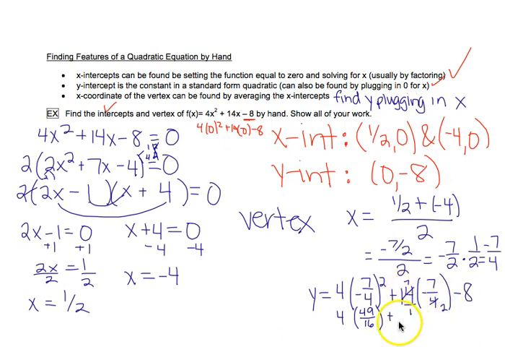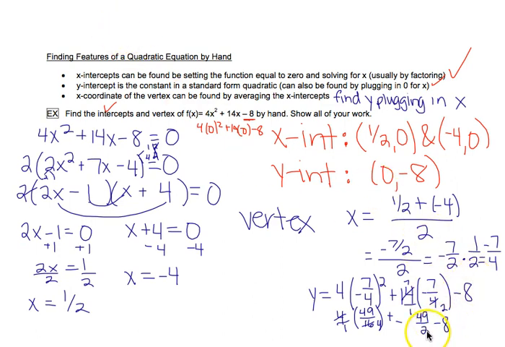So that's going to give me plus -49/2, and then I've got minus 8. When I go to multiply the 4 times the 49/16, these are both divisible by 4. So that gives me 49/4 minus 49/2.